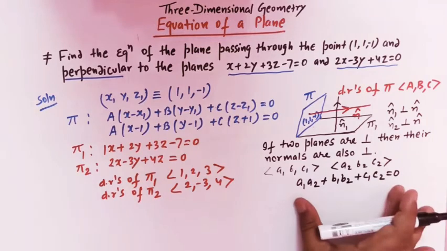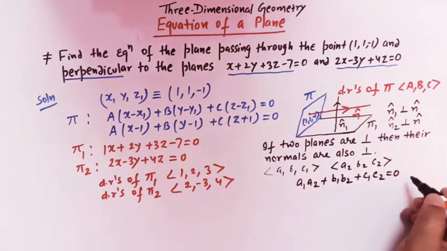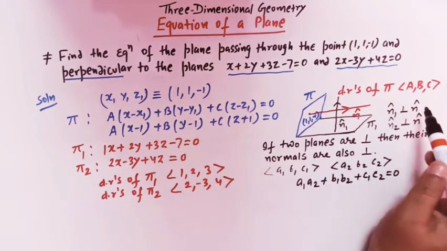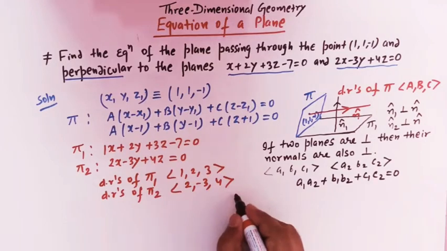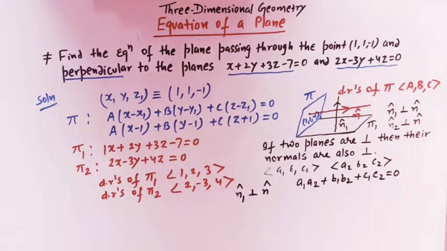So this is the condition for two vectors to be perpendicular. So now here we have the n1 vector is perpendicular to the n vector.